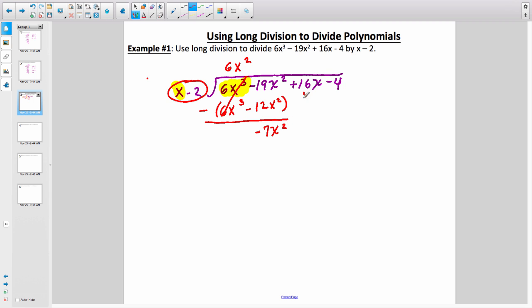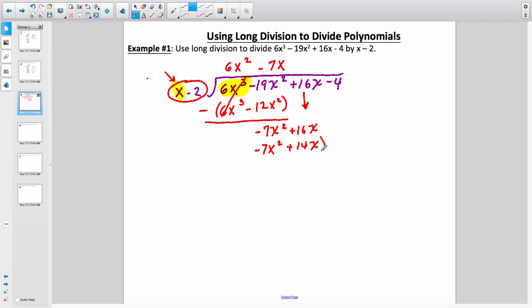Just like in our first example, bring down the next term, so that would be a plus 16x. Now ask yourself again, how do you go from this x to negative 7x squared? I would say multiply by negative 7x. Now we multiply and you get negative 7x squared as expected, and then negative 7x times negative 2 would be positive 14x.